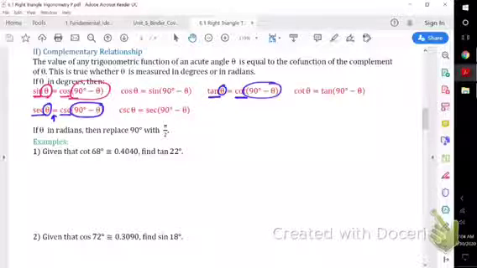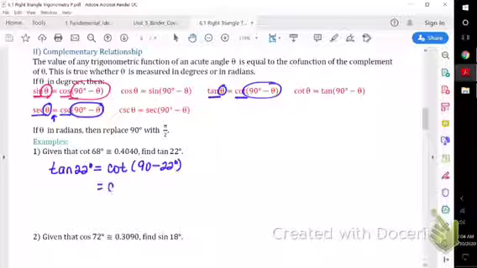So let's look at example 1 here. It says, given that cotangent of 68 degrees is approximately 0.4040, find tangent of 22 degrees. Well, according to this rule, tangent of 22 degrees would have to equal cotangent of 90 minus that angle, which was 22 degrees. So we can work what's in the parentheses here.